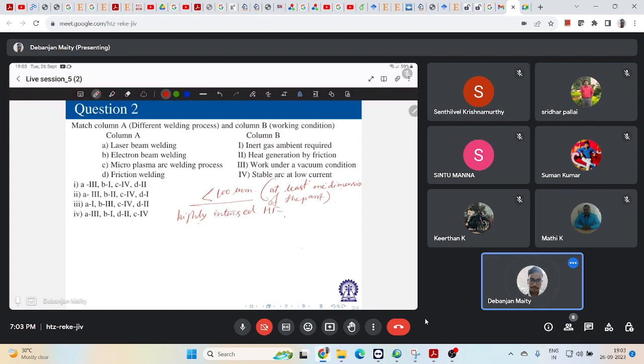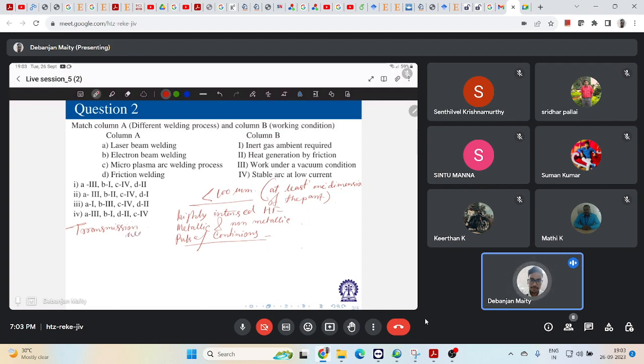You can join both metallic and non-metallic. You can use pulsed or continuous. There is something called laser transmission welding, which is a variation of laser welding.